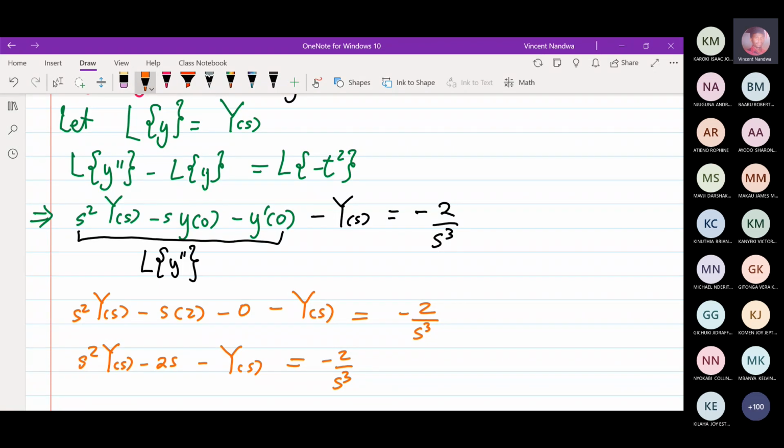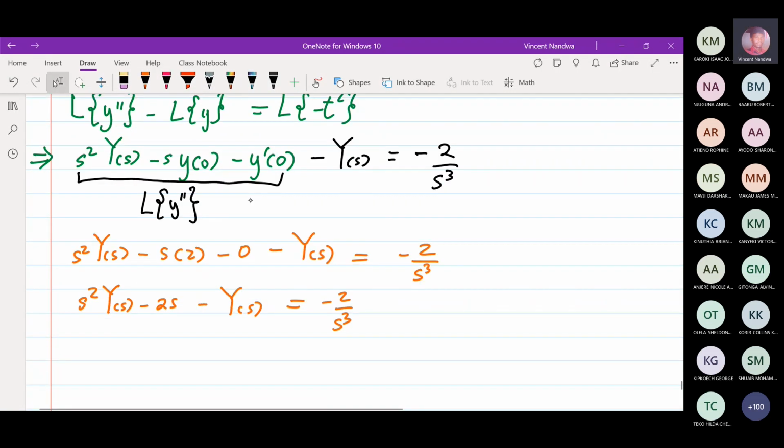So what should we do next? Make Y of s the subject. Make capital Y the subject. So this is the same as (s squared minus 1) capital Y of s equals minus 2 over s cubed plus 2s.